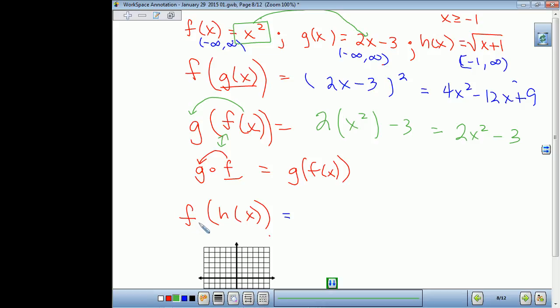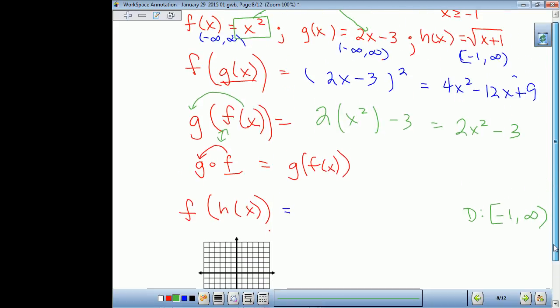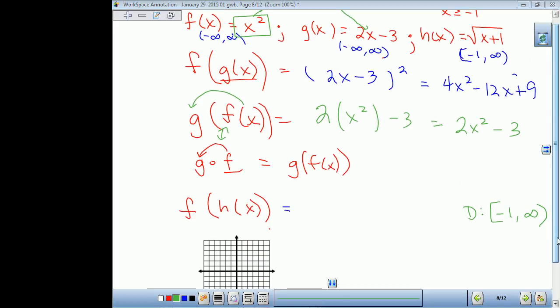All right, now we're going to plug h into f. Thinking about the domain always comes first. Always. The domain of h is restricted, isn't it? So that's going to make a difference when I plug it in here. Because this domain is restricted, the domain of the composition is also restricted. So when you plug one into another, it'll still have the same restrictions.